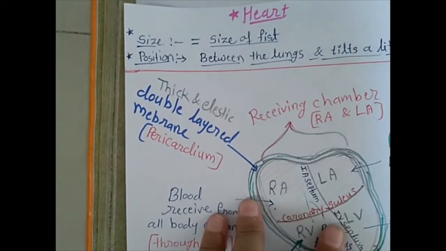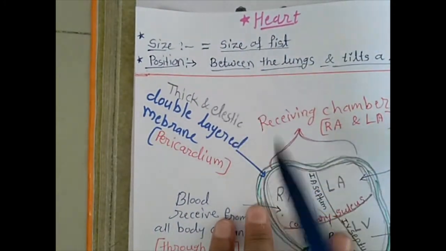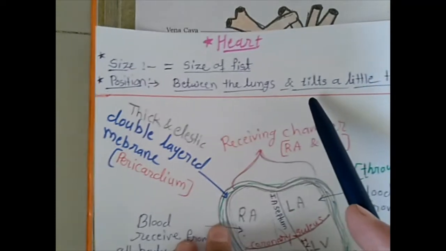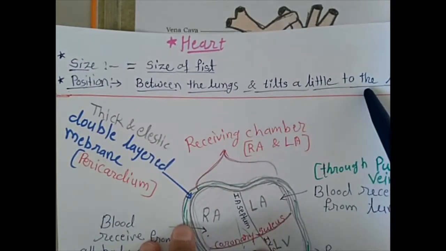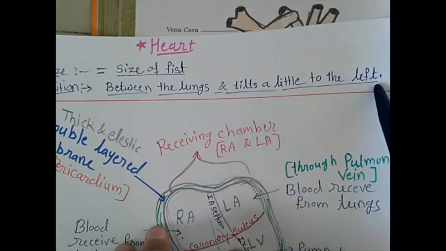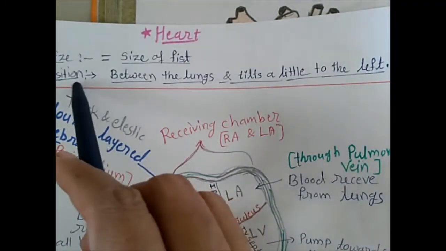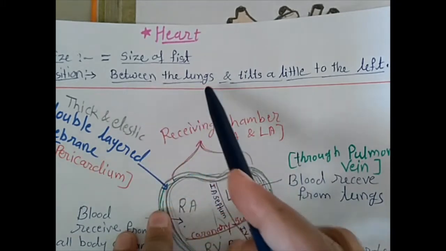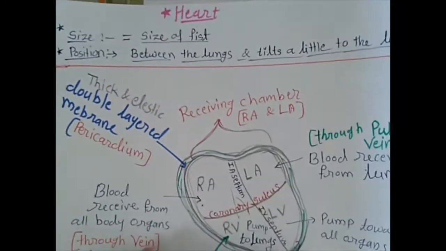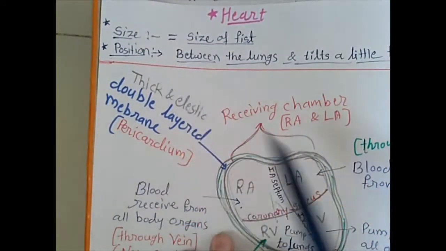Then what is the position of the heart? The position of the heart is between the lungs, and it tilts a little to the left. Means what is the position? Between the lungs and tilts a little to the left. So that is about the size and position. Then how is it?